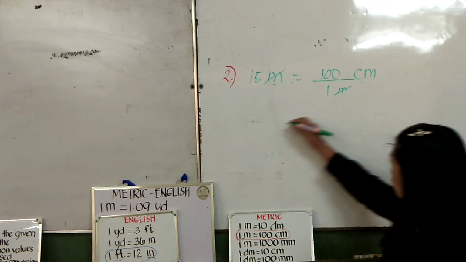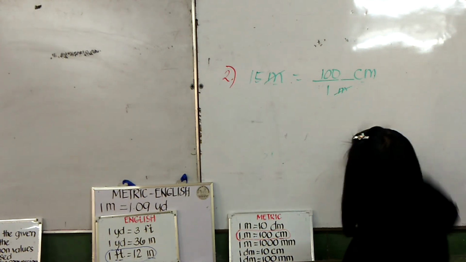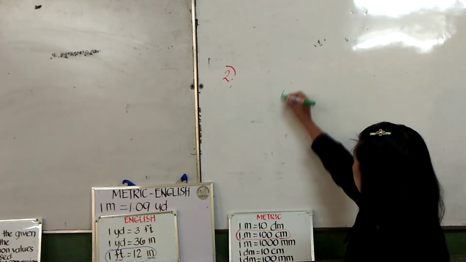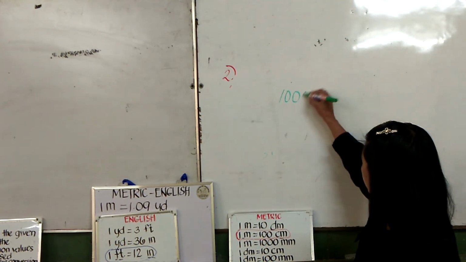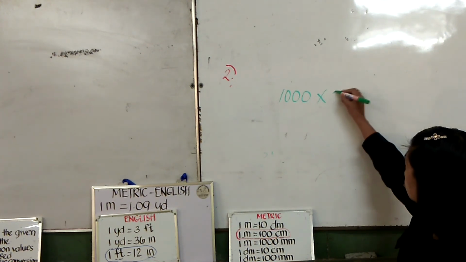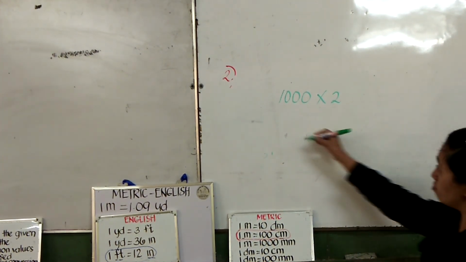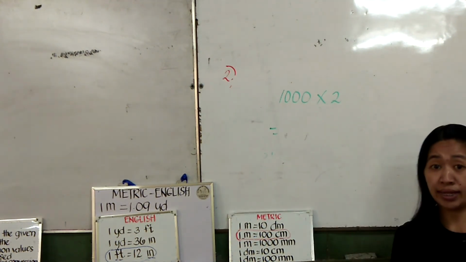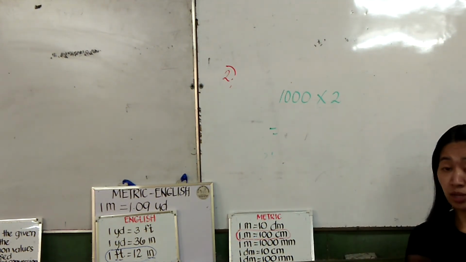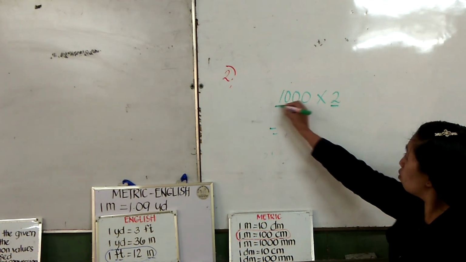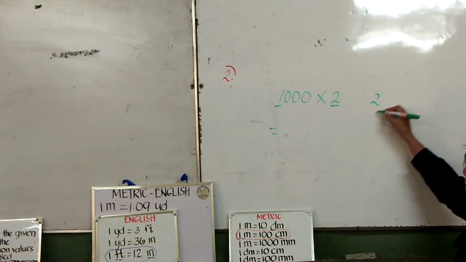For example, 1,000 times 2. Okay, so we will use the shortcut. So I have said a while ago, you just multiply the numbers except zeros. Okay, so we will just multiply 2 and 1. Okay, so 2 times 1.